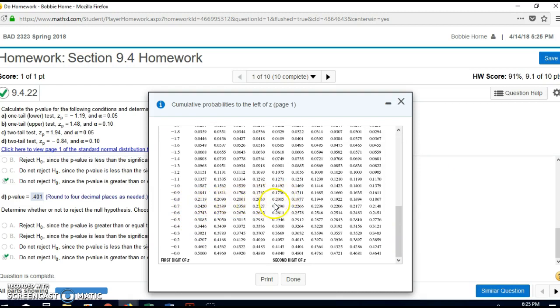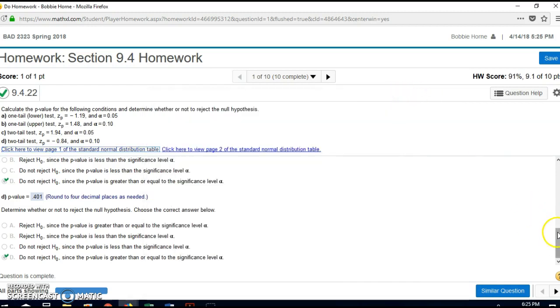So the area of the left tail is 0.2005, so we would double that, and we would get 0.401. And 0.401 is greater than alpha, so we would not reject it.